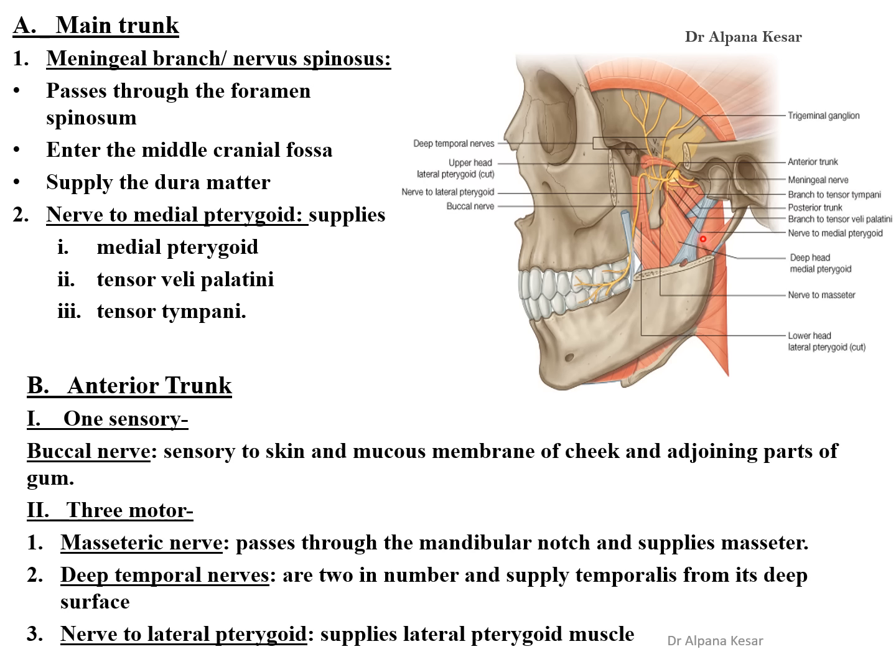Nerve to medial pterygoid supplies medial pterygoid muscle and also gives two branches, that is, to tensor veli palatini and tensor tympani.